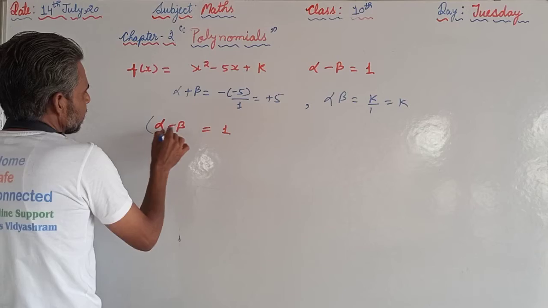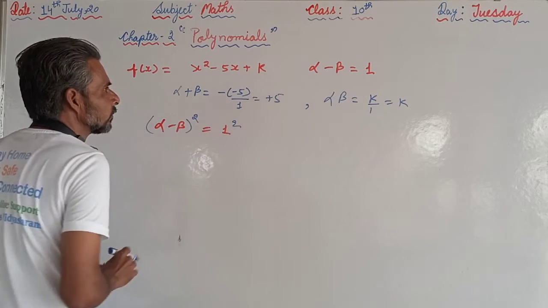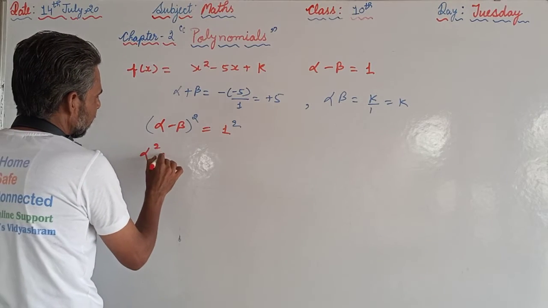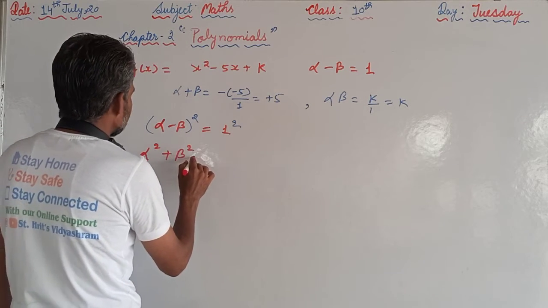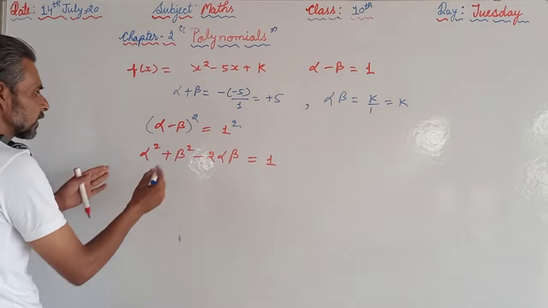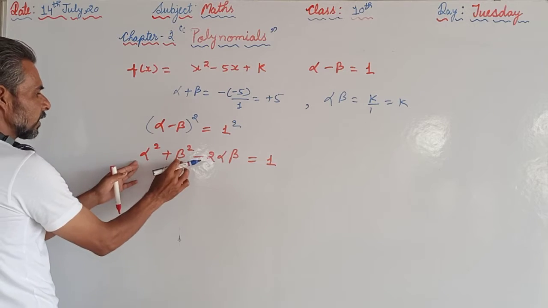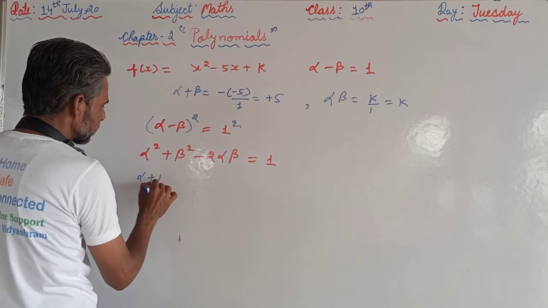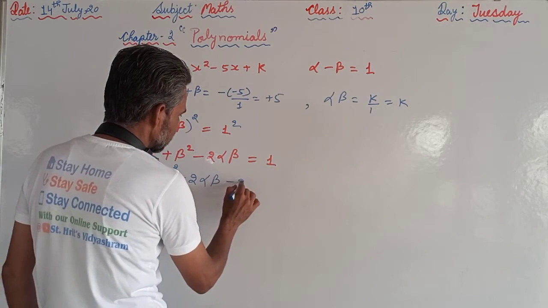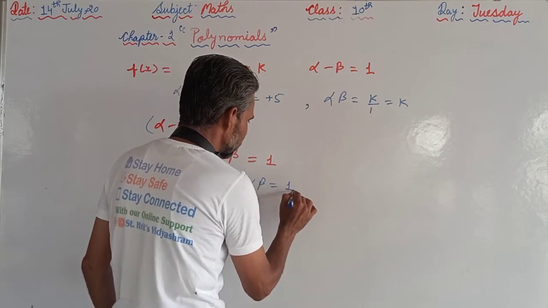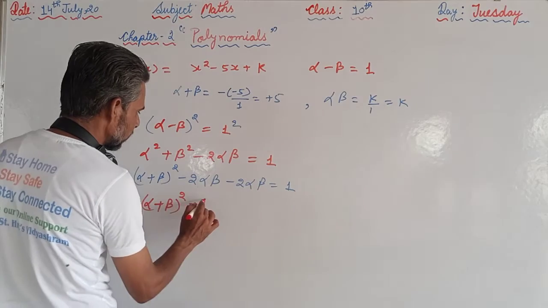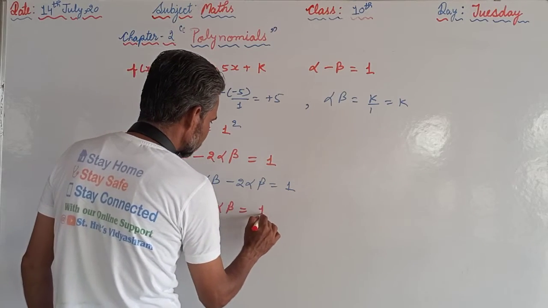Squaring both sides, alpha minus beta whole square, we will get alpha square plus beta square minus 2 alpha beta is equals to 1. At the same time, in the previous question yesterday, we have discussed that alpha square plus beta square is alpha plus beta whole square minus 2 alpha beta, minus 2 alpha beta is equals to 1. Now it becomes alpha plus beta whole square minus 4 alpha beta is equals to 1.